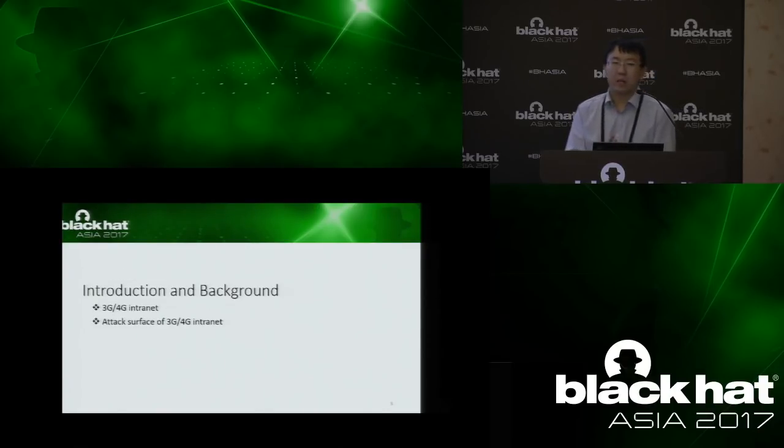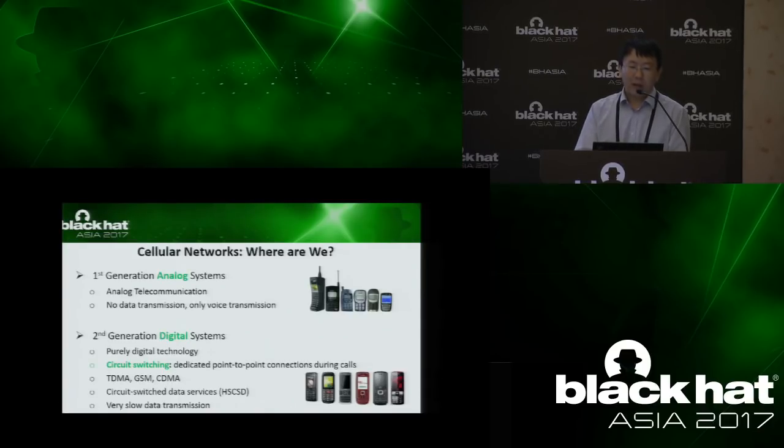So the first part is about introduction, and I would like to start from the evolution of our cellular networks. In last century, around 1980s, we have the first generation mobile telecommunication system, and it was basically based on analog telecommunication, which means the voice are transmitted through analog signals.